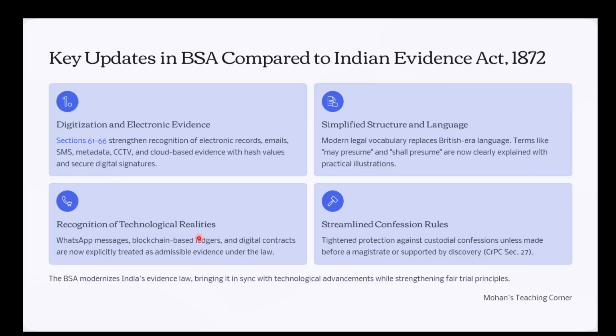So the BSA, that is Bharatiya Sakshya Adhiniyam, modernizes India's evidence law, bringing it in sync with technological advancement while strengthening fair trial principles. So this is about the Bharatiya Sakshya Adhiniyam 2023. This is also called the Indian Evidence Act 1872.